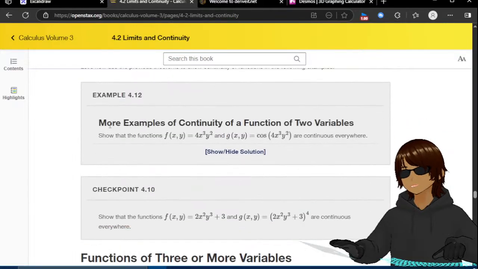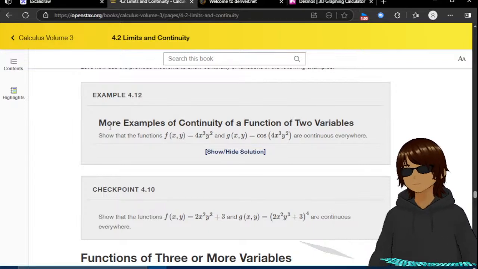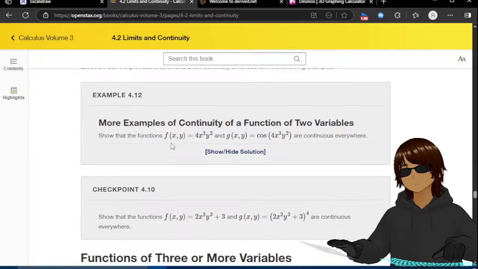All right. More examples of continuity of a function of two variables. Show that functions f of x, y and g of x, y are continuous everywhere. Okay, so f of x, y is defined for all a, b. The domain is like all real numbers squared.